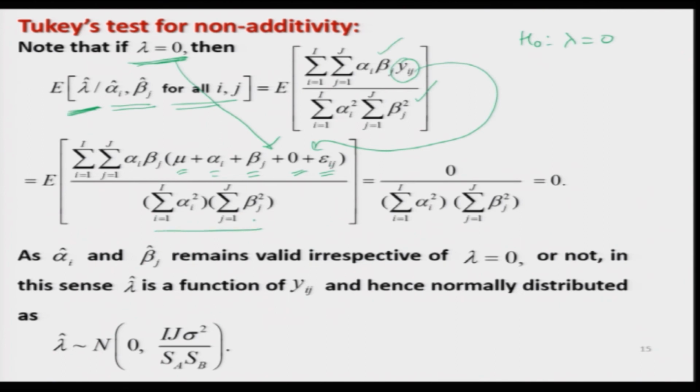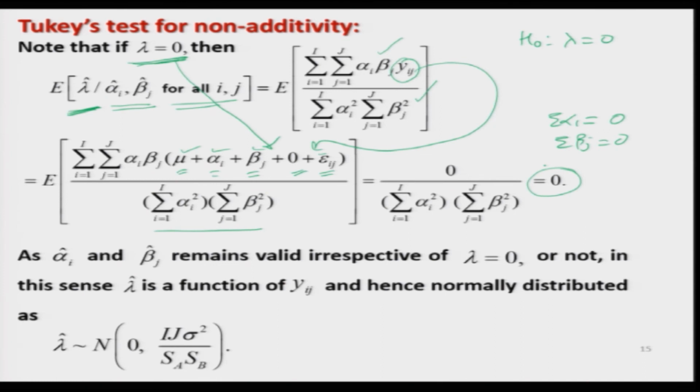Now, if you take the expectation sign inside and use the constraints that summation alpha I equal to 0, summation beta j is equal to 0, all these terms become 0, and this comes out to be 0. So, the expected value of lambda hat for given value of alpha I hat and beta j hat is 0, right.